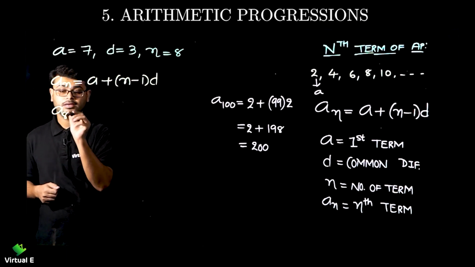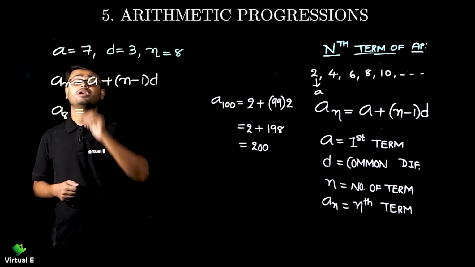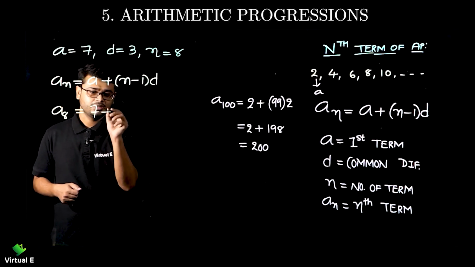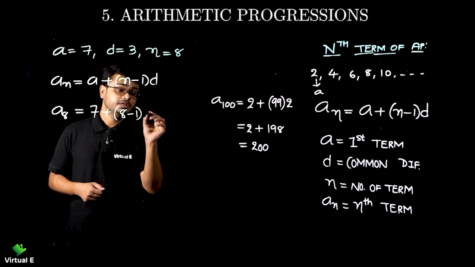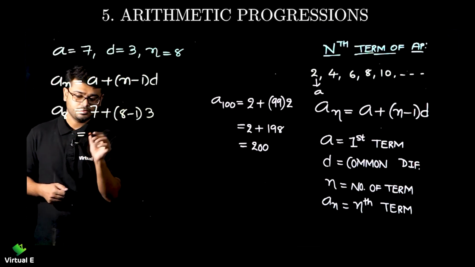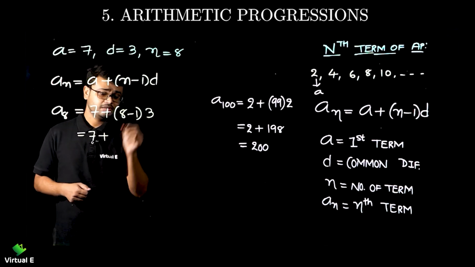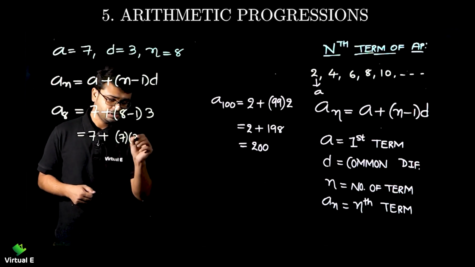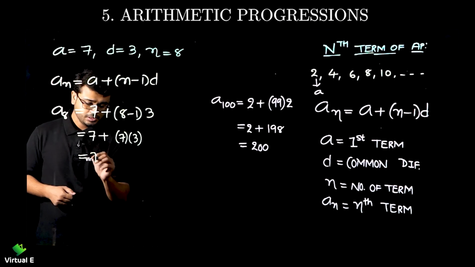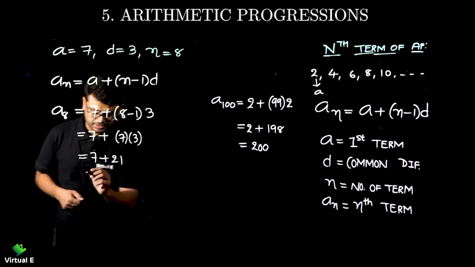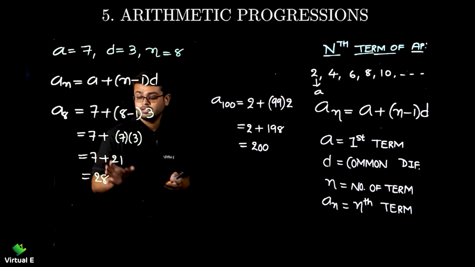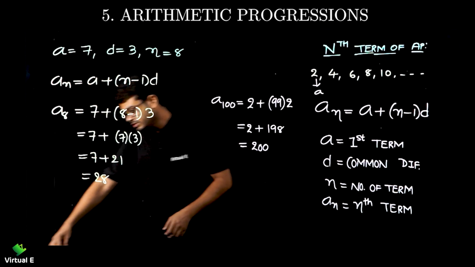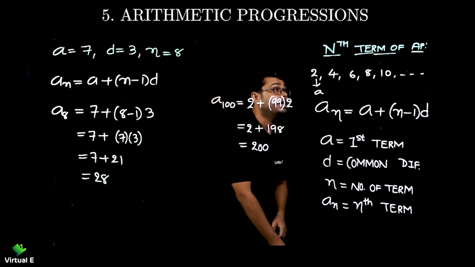So a8: instead of a, we write 7, plus n minus 1, that is 8 minus 1, and d is 3. So 7 plus 7 into 3, so 7 plus 21, that is 28. So the 8th term over here is 28.